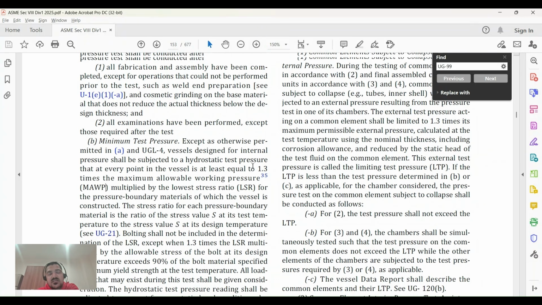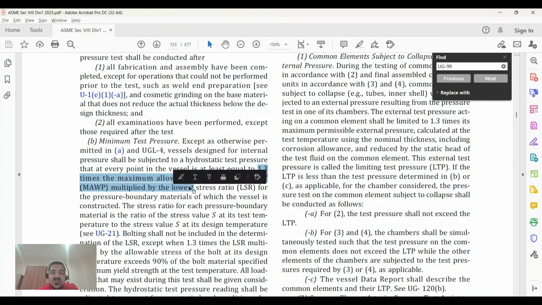What ASME BPVC Section 8 Division 1 says, as per UG 99B, is that the hydrostatic test pressure at every point in the vessel is at least 1.3 times the MAWP multiplied by the lowest stress ratio, the lowest stress ratio for the pressure boundary material from which the vessel is constructed.